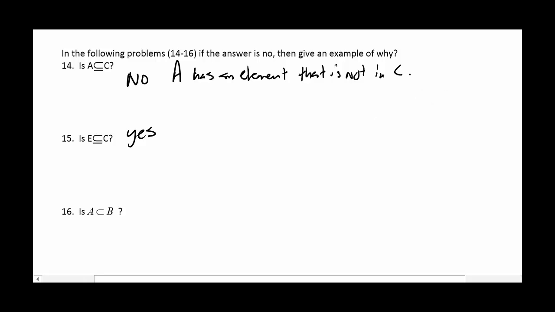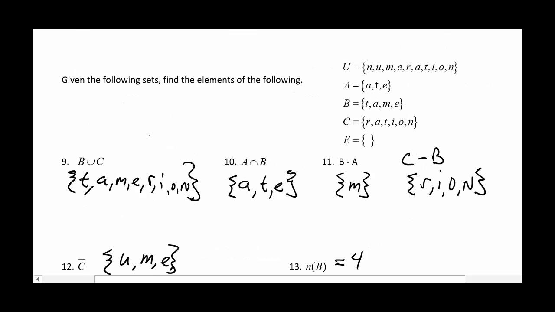It's a good definition. And then 16 is a proper subset of B. That symbol means proper. Let's look at A and B and look at what's going on here. First off, does B have all of A in it? A's got A, T, and E, and B's got A, T, and E in it.